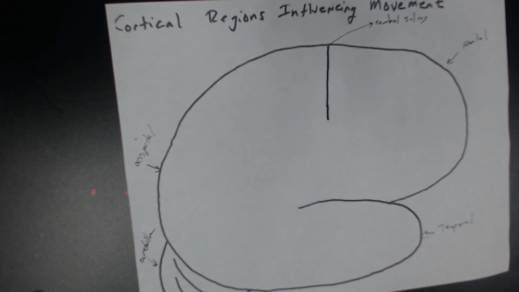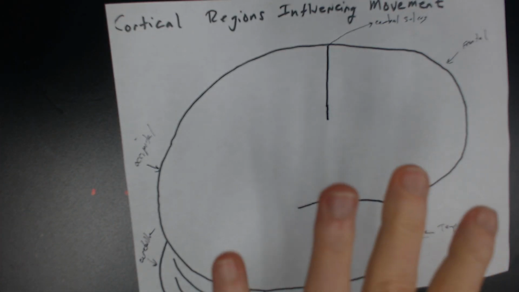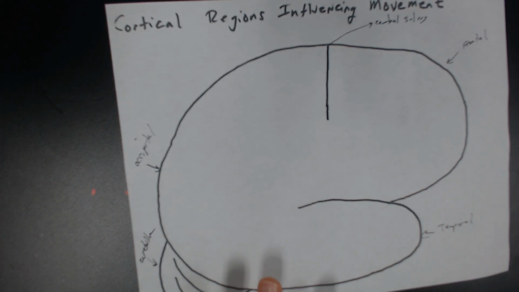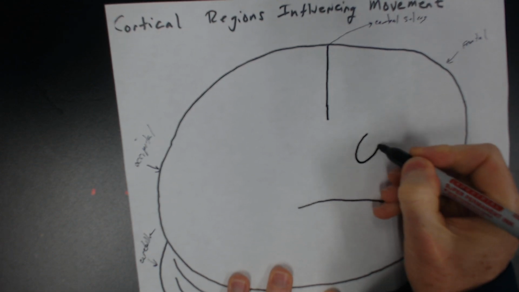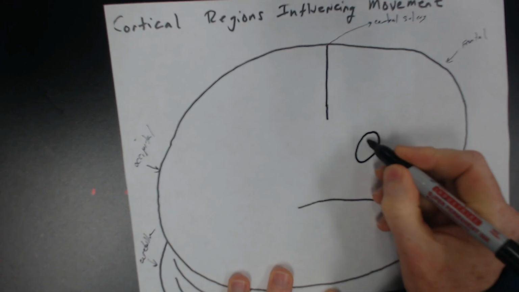Okay, and what we're going to draw in now are all the cortical regions that influence movement, plus the cerebellum. This is kind of like a lateral view, if you can imagine, just looking at the side. But just as representation, I'm going to draw in this structure, and we know it's inside, right?